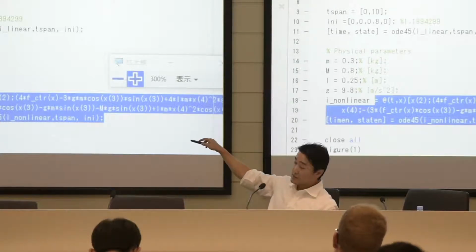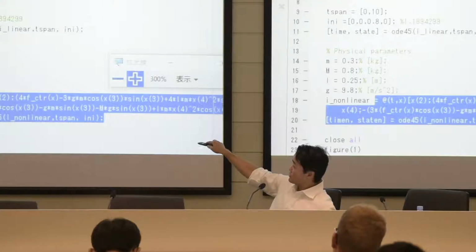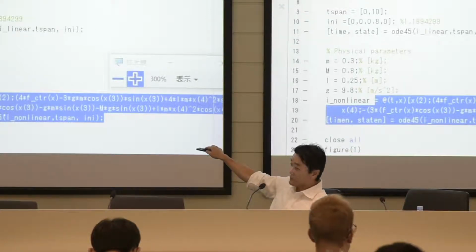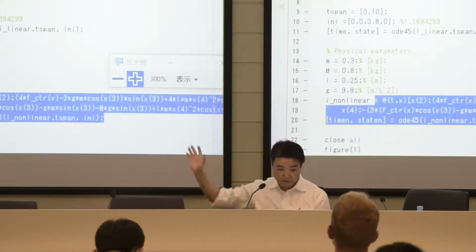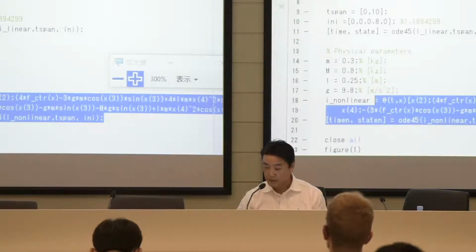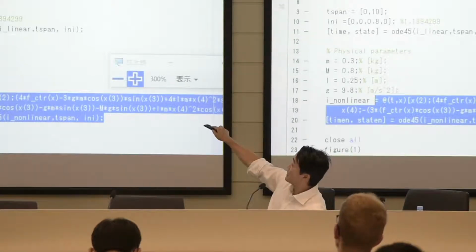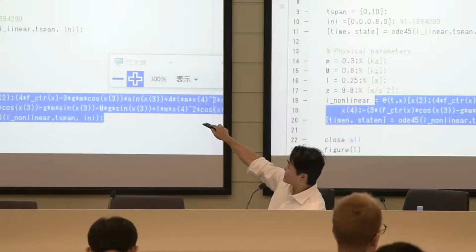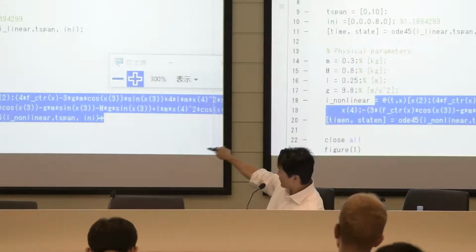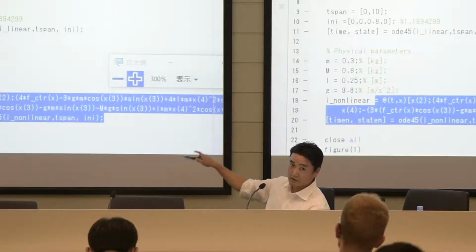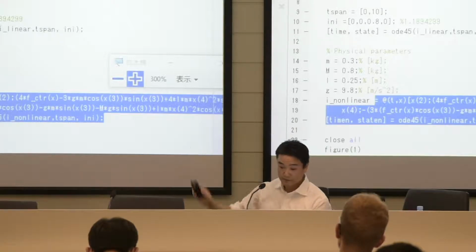I will show the difference. So this is the most accurate simulation. You have to do both simulations: based on your design model, which is linear, and based on your physics model, which is nonlinear.